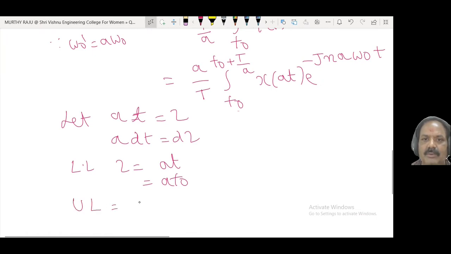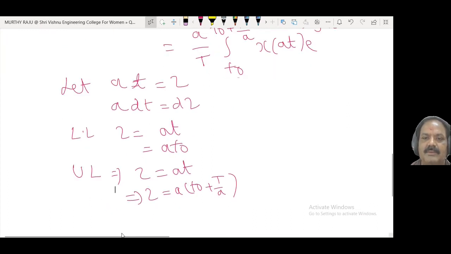Upper limit: tau is equal to a t, with t replaced with t naught plus T by a, that is equal to a t naught plus T. Here dt from this expression is equal to 1 by a d tau.